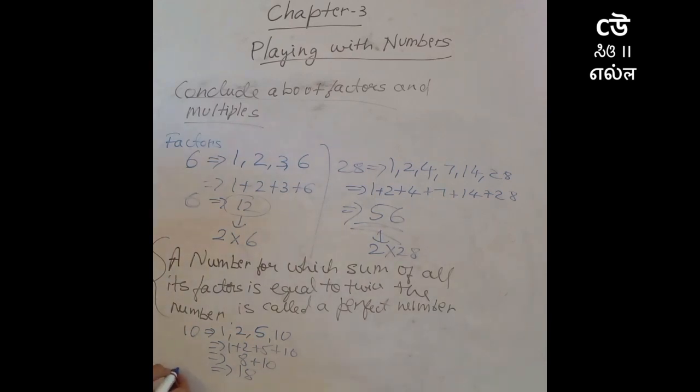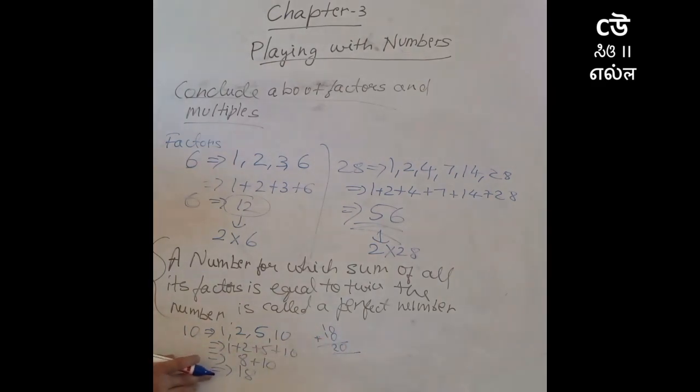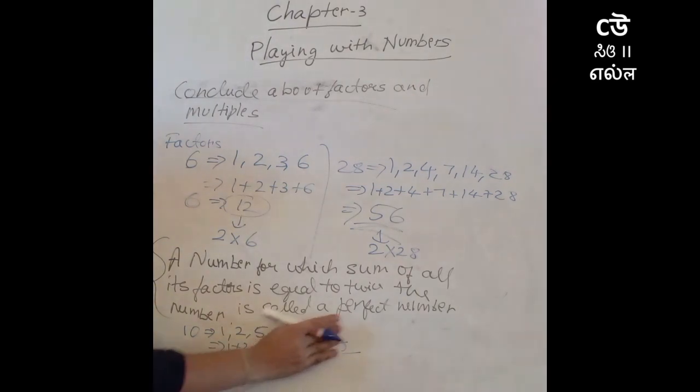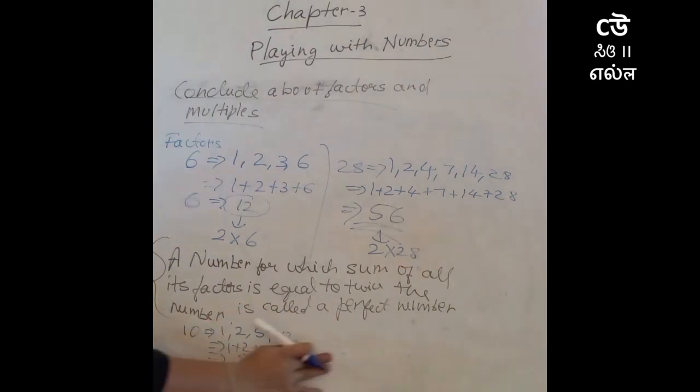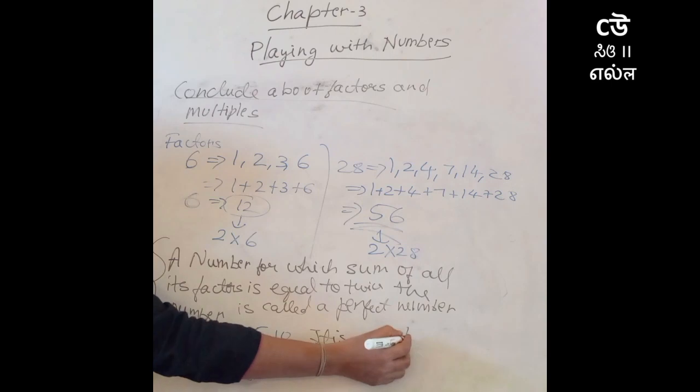But if you add 10 twice, what is the answer you'll get? You have to get 20, but we are getting 18. So we can tell that 10 is not a perfect number, because if we add all the factors of a given number, we have to get twice the number, but we are not getting twice the number.